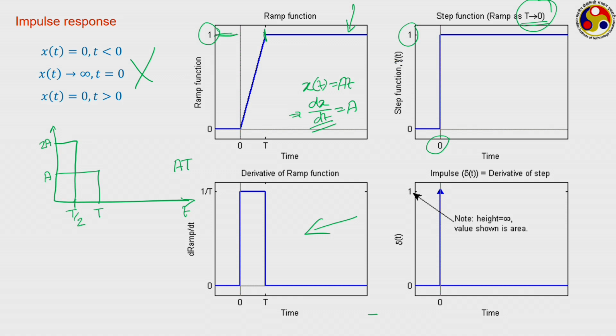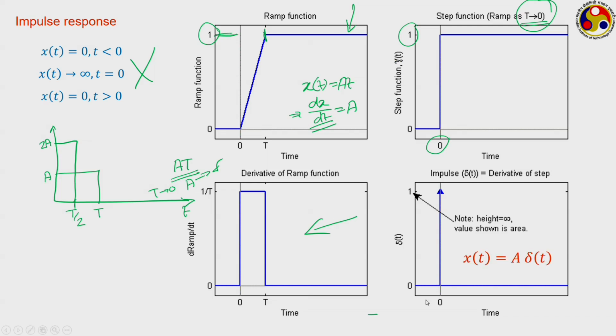If we keep on reducing the time while maintaining the area the same, then what are we going to reach? When this T tends to 0, this ordinate should tend to infinity. So, then it will resemble an impulse signal. That means an impulse can be viewed as a curtailed step signal applied over a very small period of time.